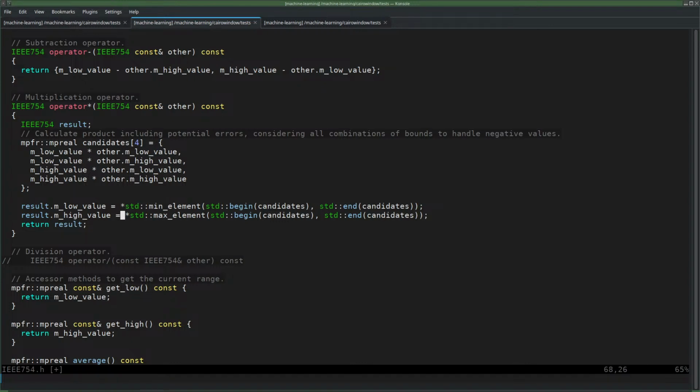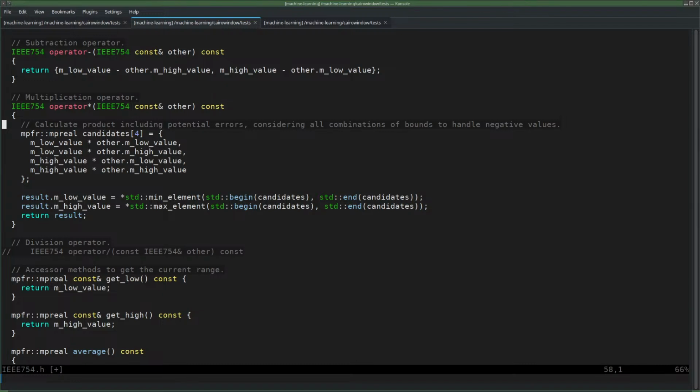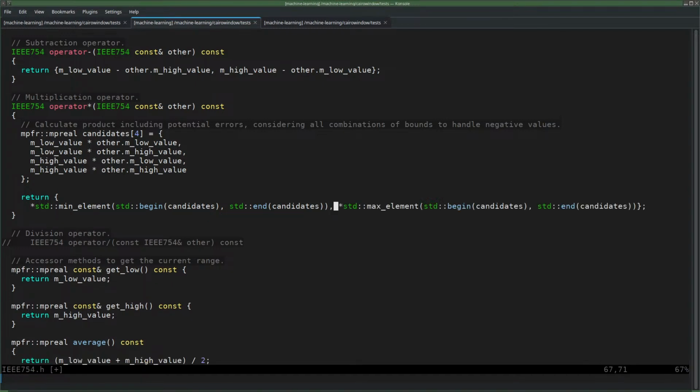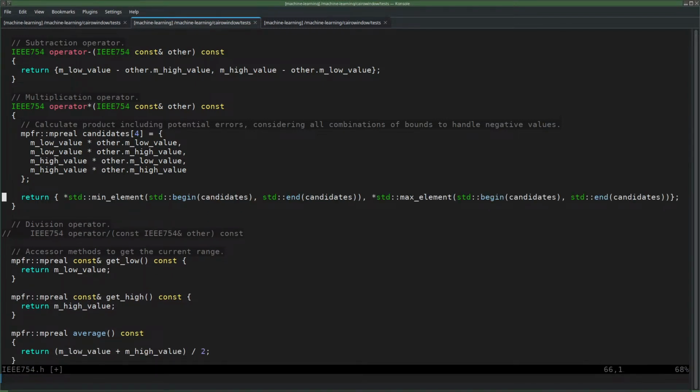Okay, that returns an iterator then, of course. So that's why the star. It fits.